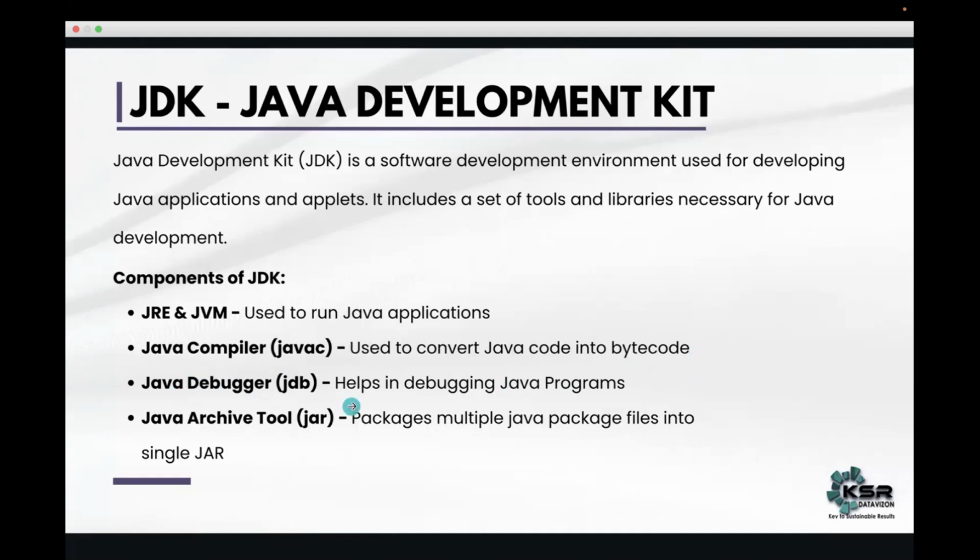There is the Java debugger. It will help you in debugging Java programs. We will see how the debugger works maybe this week or next week, once we have some idea of Java. Let's say your code is failing, but you don't know where.